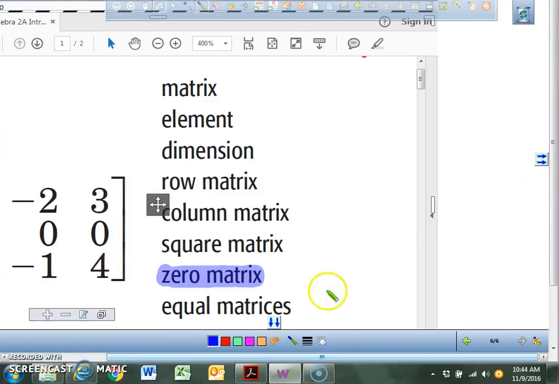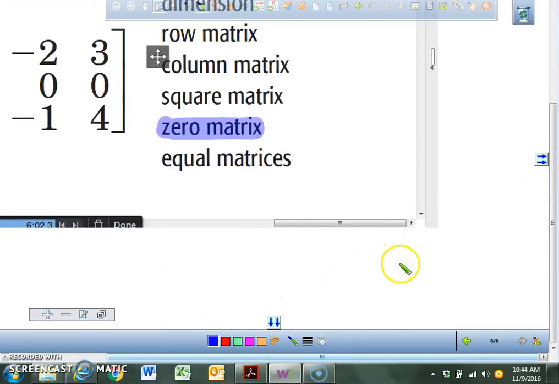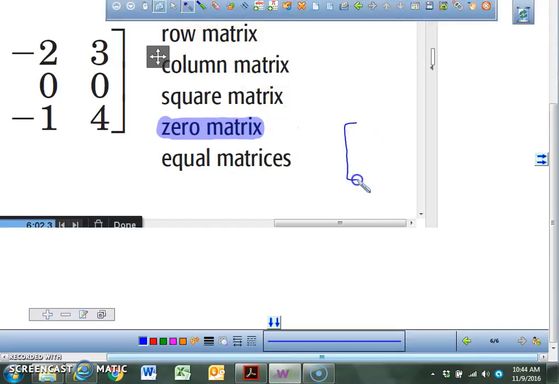Zero matrix. Zero matrix is very easy to remember. It's a matrix that just has a whole bunch of zeros. So you can make any matrix that you want.